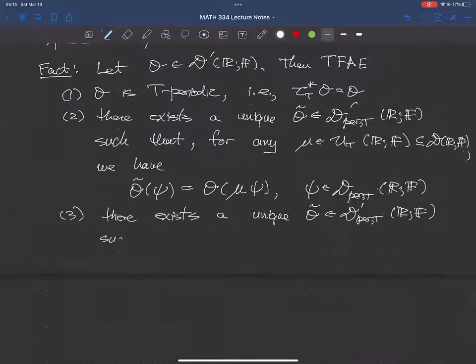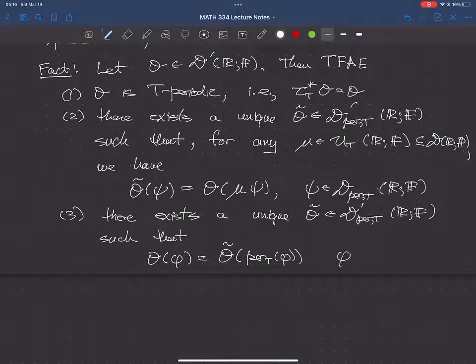Such that, okay, theta of phi, okay, is equal to theta tilde of per T of phi, okay, for every phi in D. Okay, and so here the connection goes the other way.